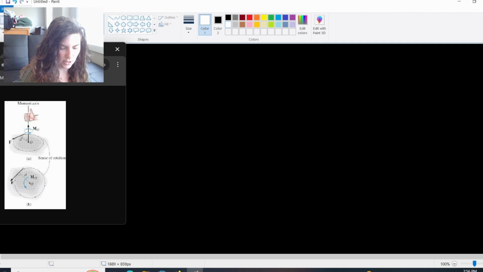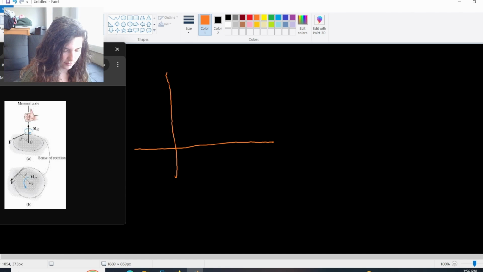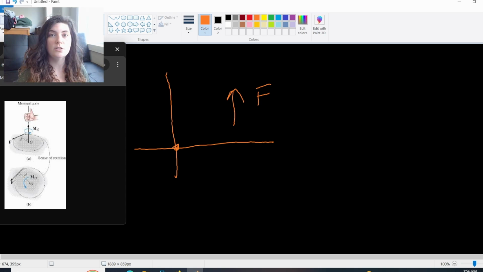So usually if you find a moment, let's say for example, I have this force F, and I want to take it about the origin. So what I would do is I would point my fingers along D, on my right hand. You have to use your right hand to do this or you will get messed up.